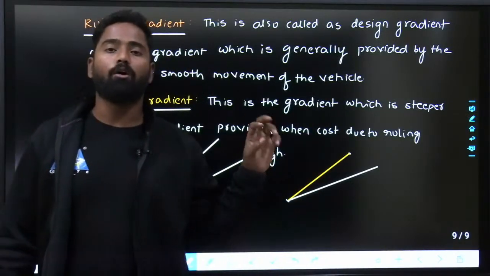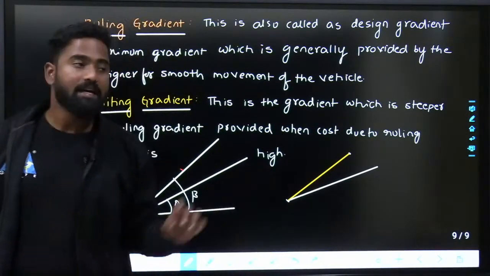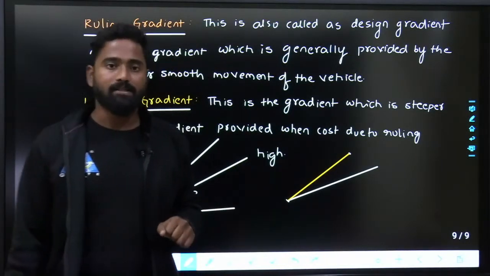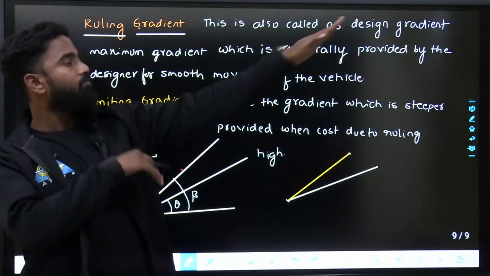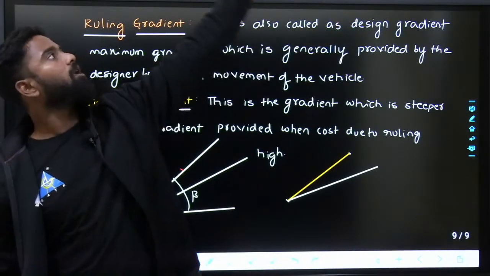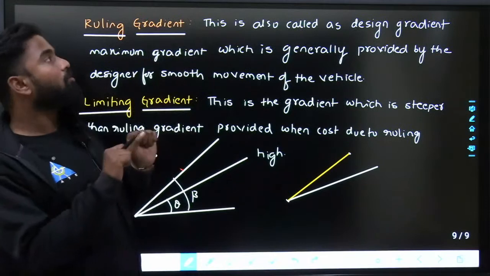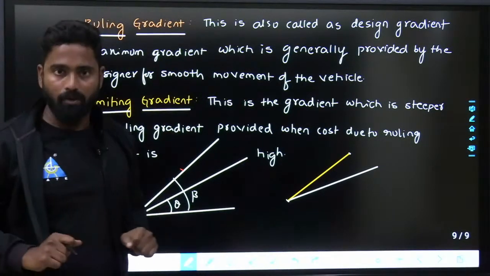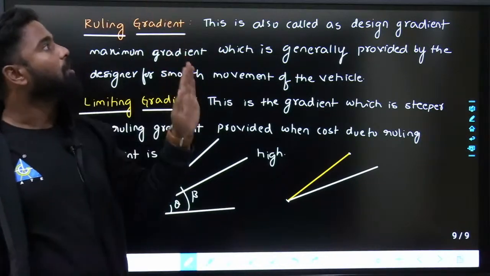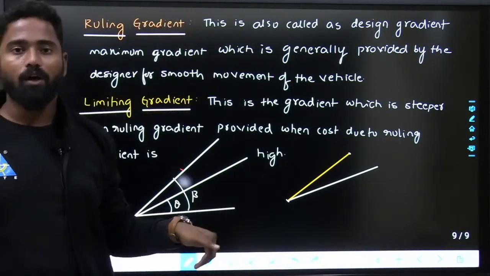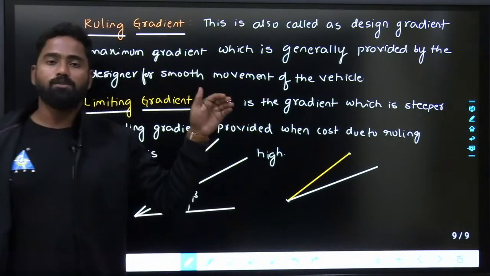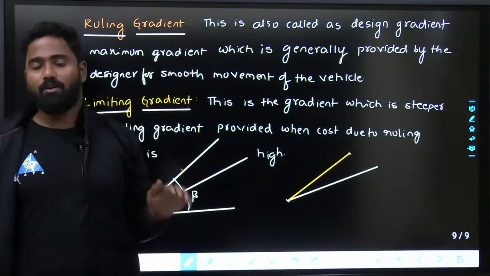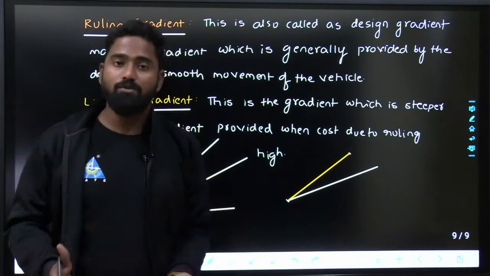But you should not compromise safety with respect to the cost. If the slope is like this, you can easily go. What happens if the slope is like this? Do you feel comfortable moving on a 90-degree slope? You don't, and you can't move. You will fall. Sir, I went to an amusement park and they took me to a 90-degree angle. But every place is not an amusement park.